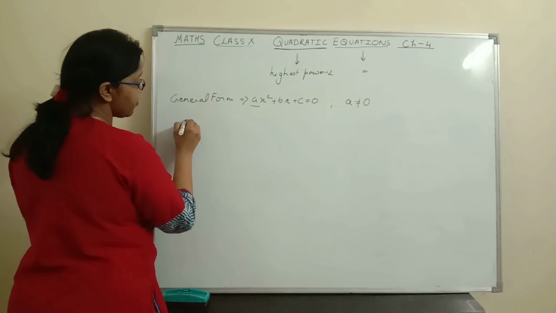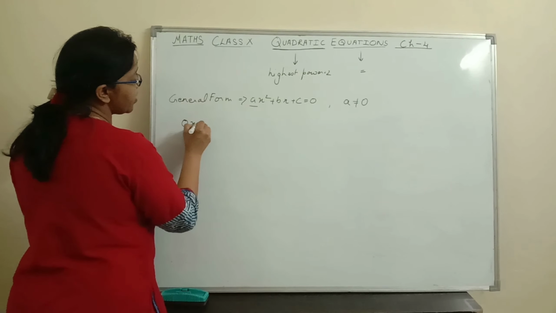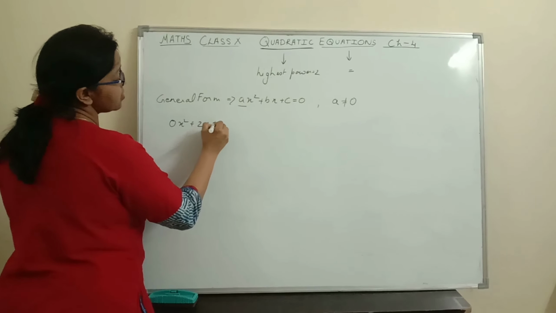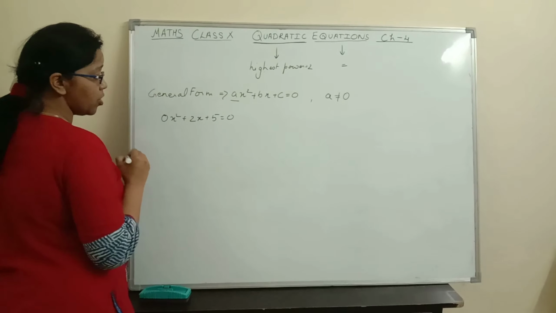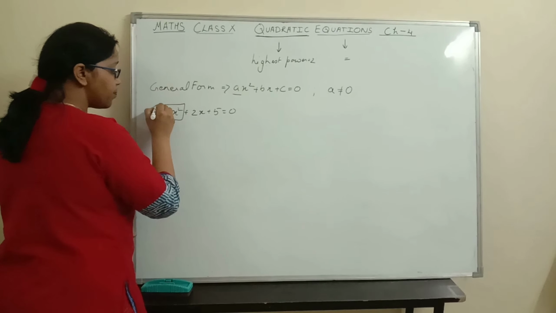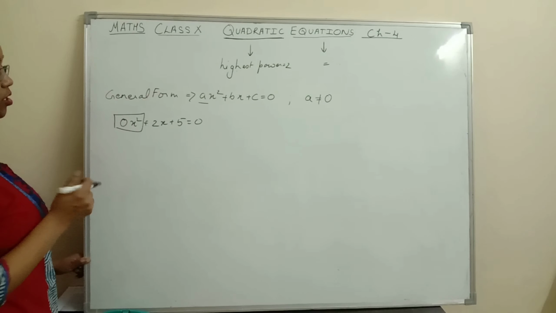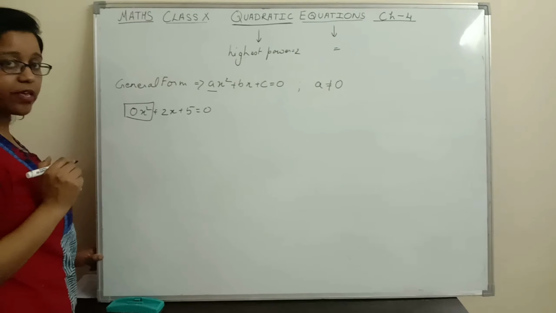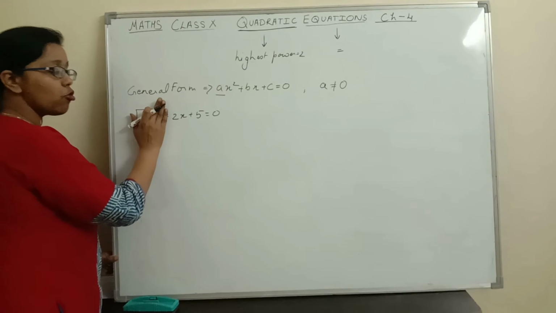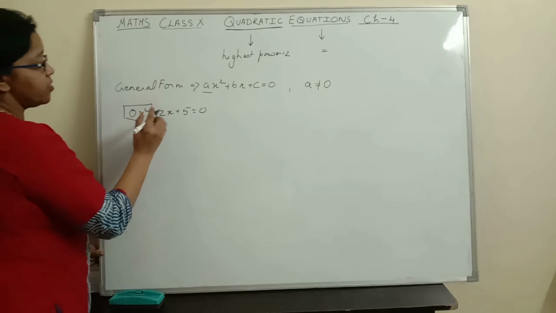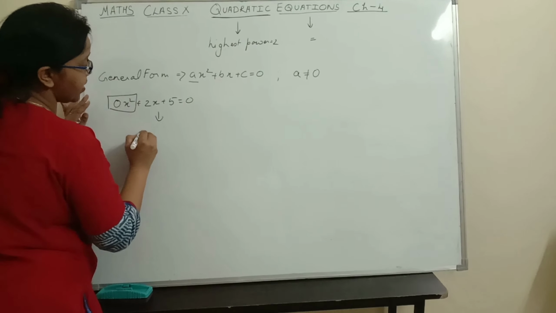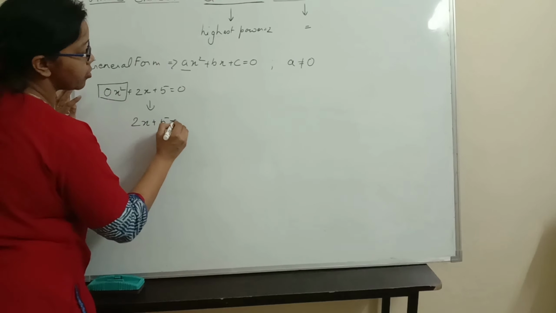For example, if I write 0x square plus 2x plus 5 is equal to 0, I can consider that the first term is not there in this equation. It can also be written as 2x plus 5 equal to 0.